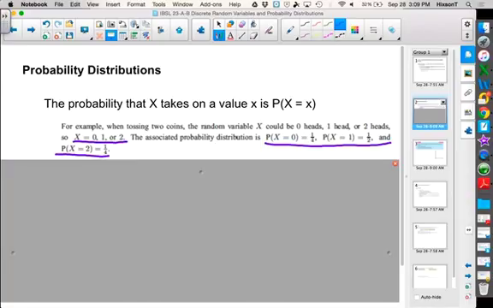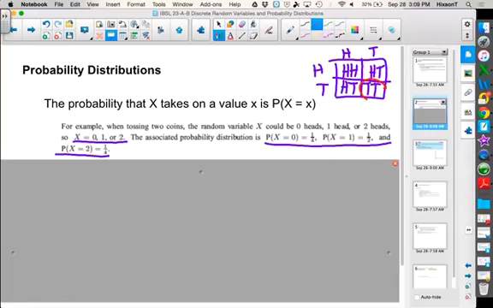The probability that our random variable will equal 0, in other words, we have 0 heads, is 1/4. Okay? And we made a little table. Okay? Here's the 1/4 for the probability that X is 0.